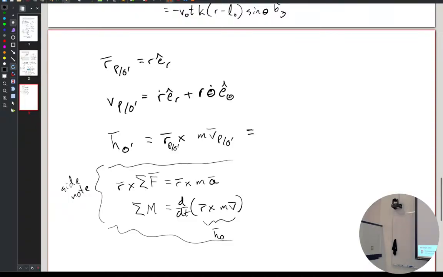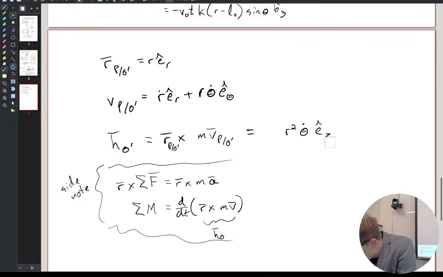Simple question. Because that's XY. I got R squared theta dot in the E3 direction.